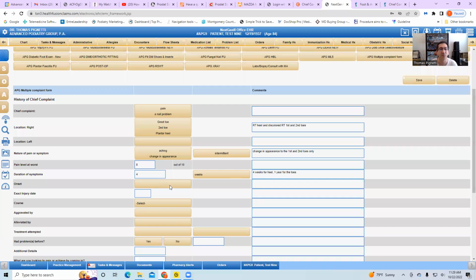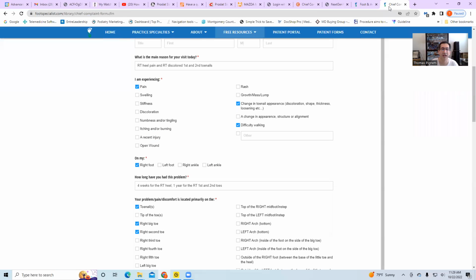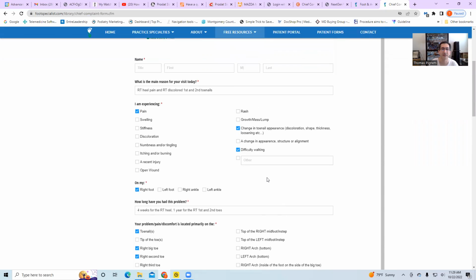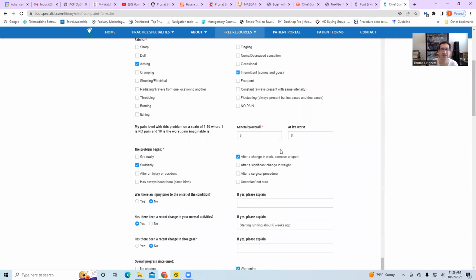The onset, we said, was sudden following a change in activity. For the nails, I didn't mention anything as far as the nails, so nothing was put over there.